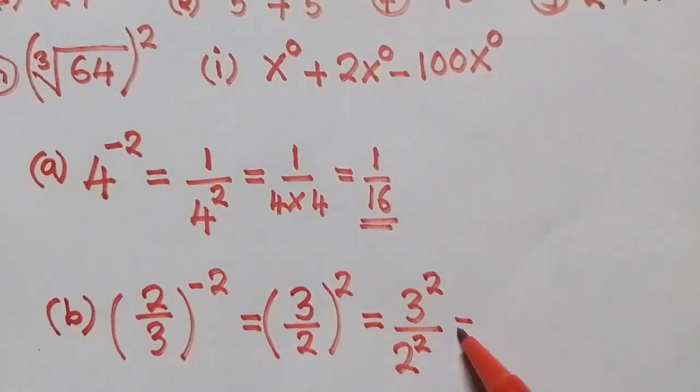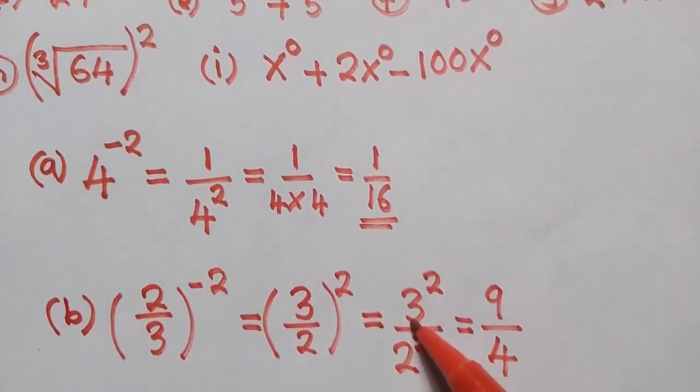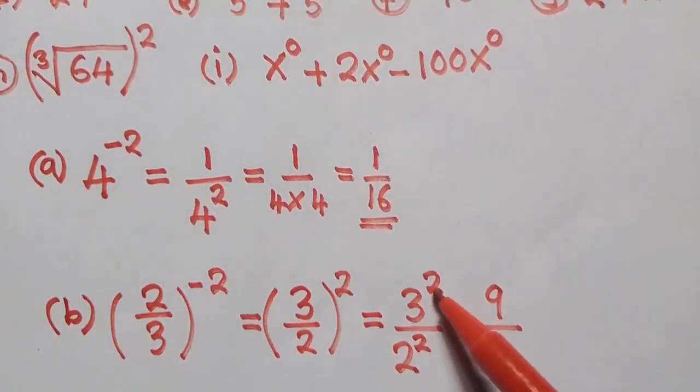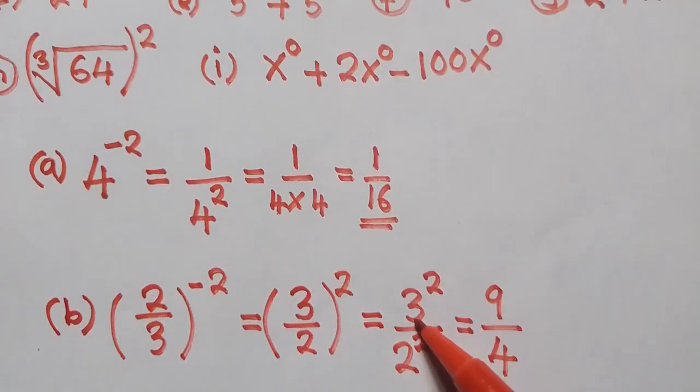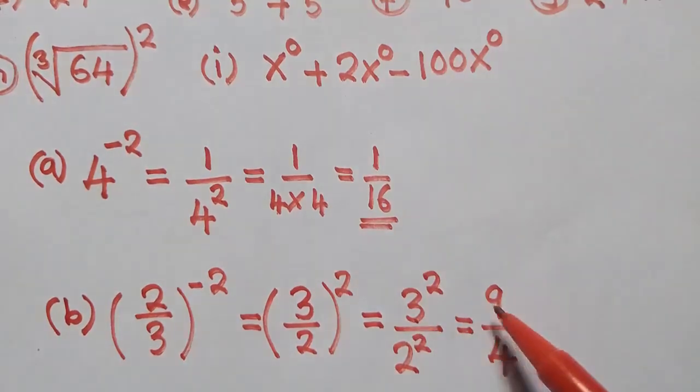So this is now equal to what? 3 to the power 2 is 9, over 2 to the power 2, which is 4. When I say 3 power 2, it doesn't mean 3 times 2, no. It's saying you are multiplying 3 by itself. So this is what you need to know and understand.